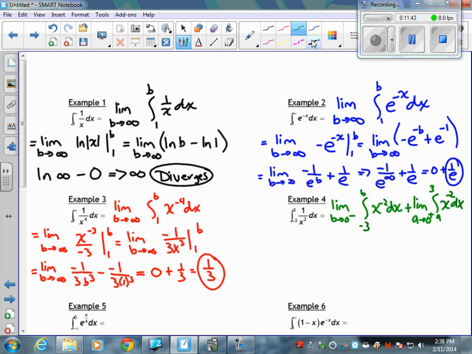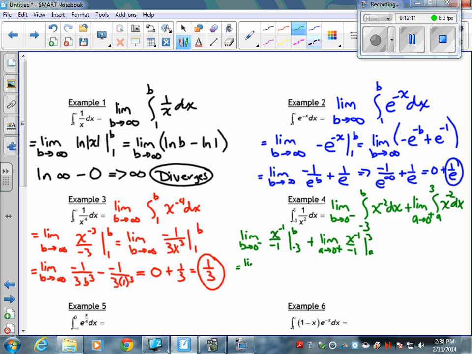So for this one, I have my limit as b approaches 0 from the negative, and that is going to be x to the -1 divided by -1 from -3 to b. And then I'm going to add my second limit as a approaches 0 from the positive side of x to the -1 divided by -1 from a to 3. So I'm going to evaluate this. I'm going to plug in my bounds.